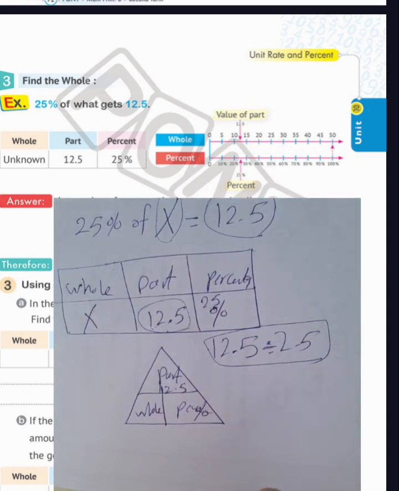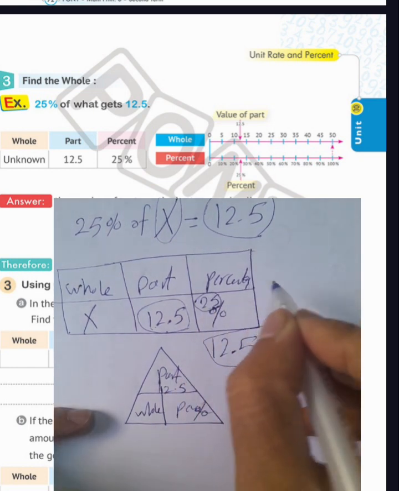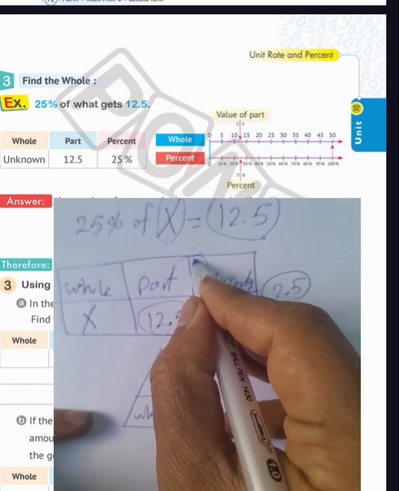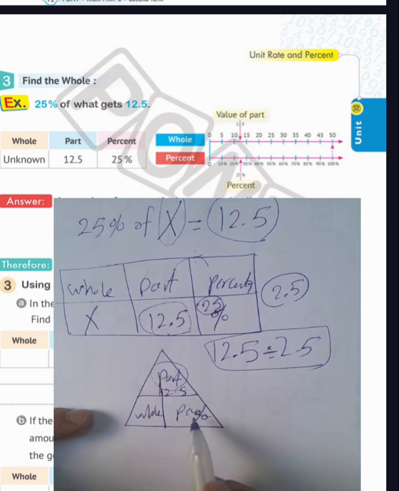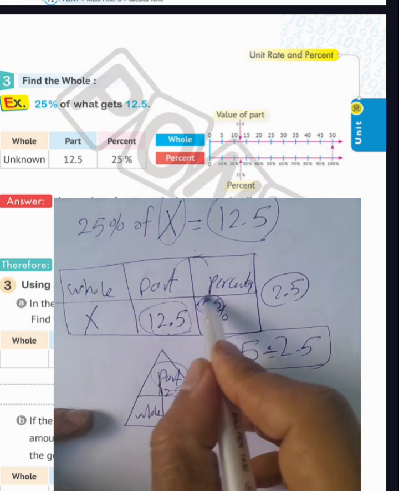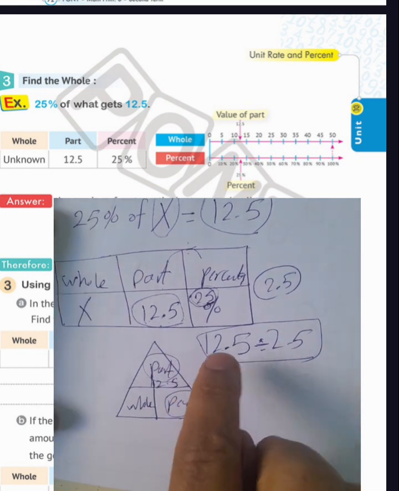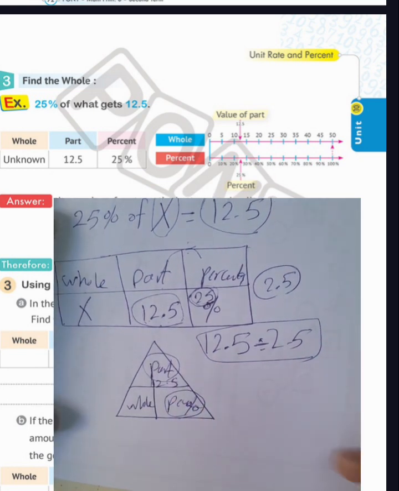In any example, first step, go to the percentage and divide by 10. It will be 2.5 and then divide the part by the percentage. Then the result will be what? 12.5 divided by 2.5, it will be 5.